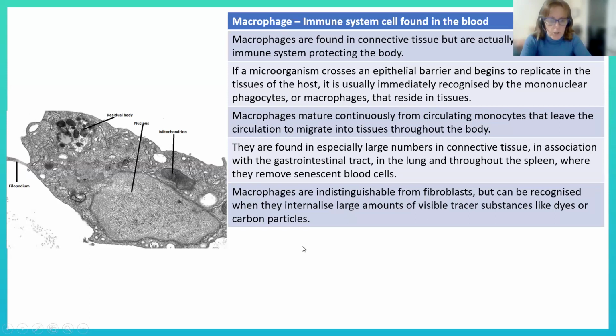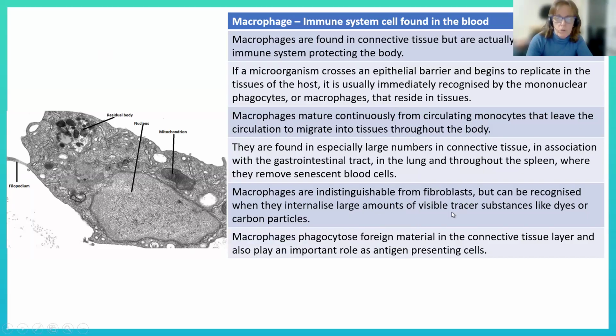The macrophages are indistinguishable from something called fibroblasts, but they can be told apart by using special dyes and carbon particles when they're being stained. Fibroblasts I haven't really talked about, but there's a lot about them on the course. What makes these macrophages interesting to us is they phagocytose foreign material in the connective tissue layer.